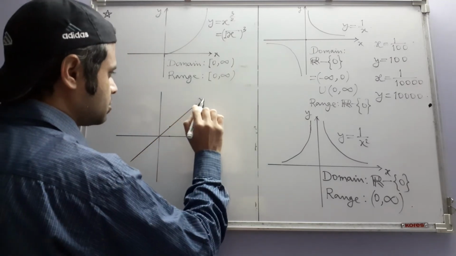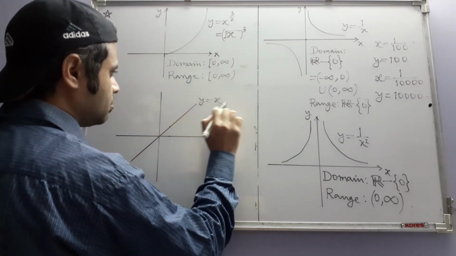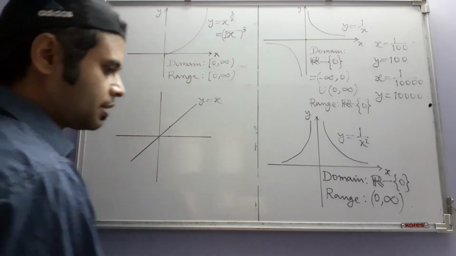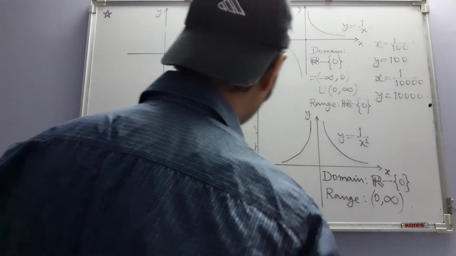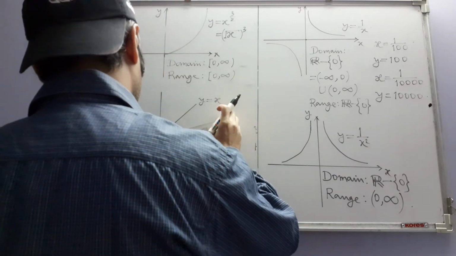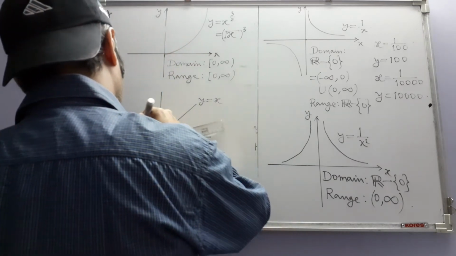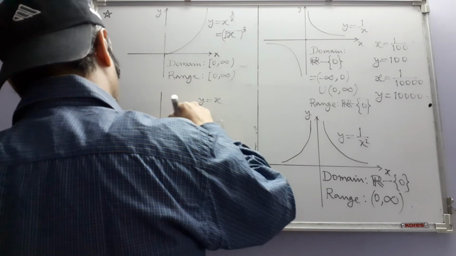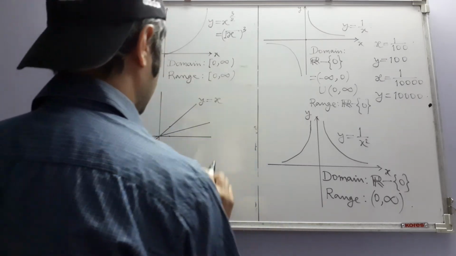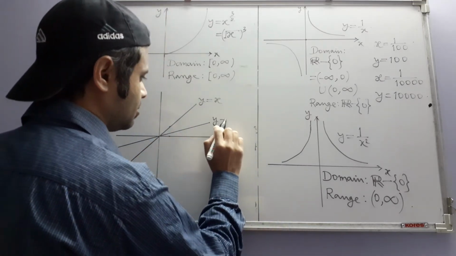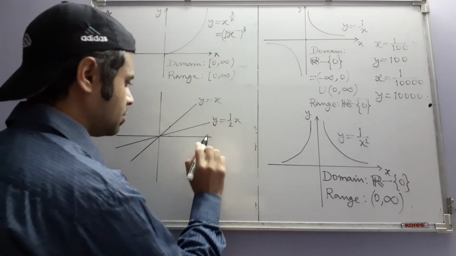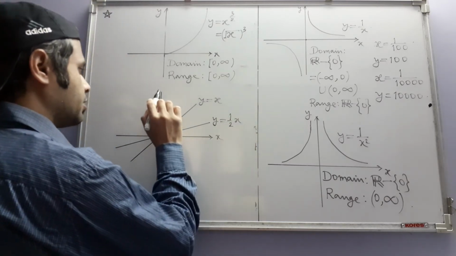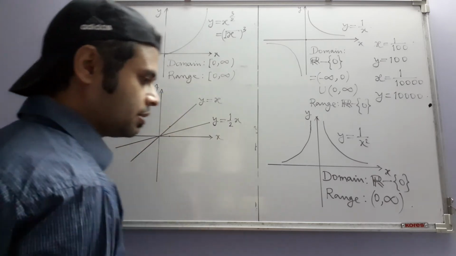This one is y equal to x. The others I am going to draw not being that careful. This is y equal to 1 by 2 x. This, of course, is the x-axis, this is the y-axis.